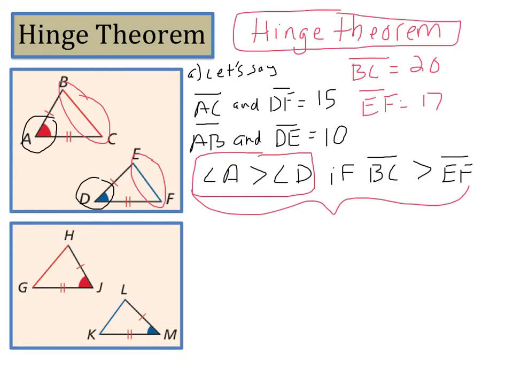The hinge theorem says if two sides of one triangle are congruent to two sides of another triangle and the included angles are not congruent, then the longer third side is across from the larger included angle. This pictured below demonstrates the converse of the hinge theorem.